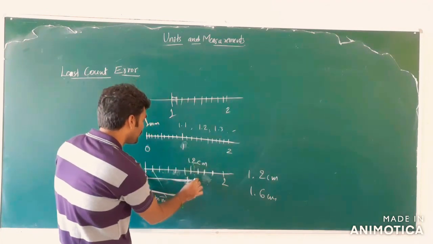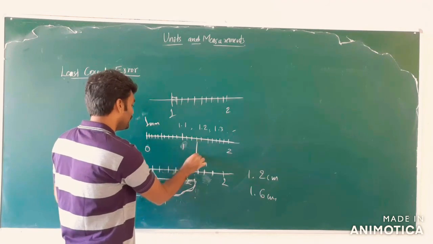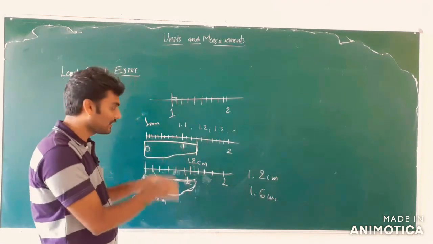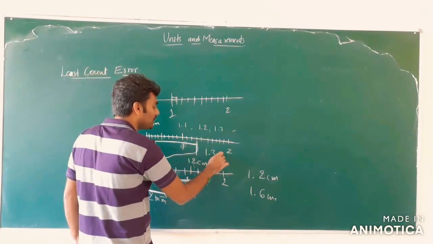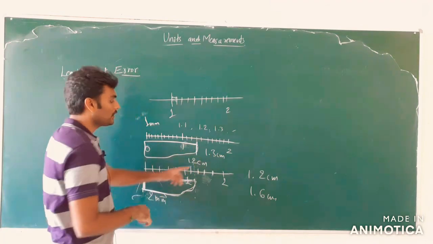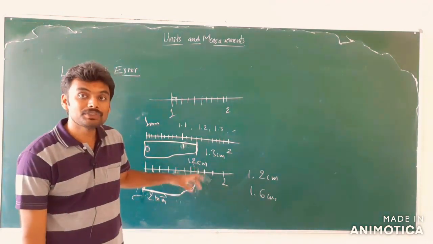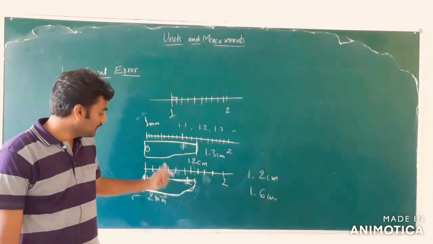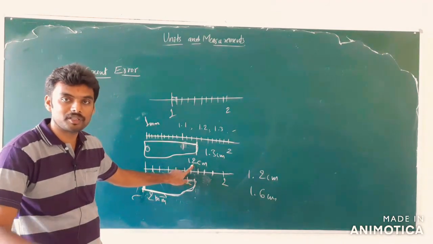But if the same object is measured using the scale, then you get the exact reading of 1.3 centimeter. So there is error in the tape reading due to the least count of the measuring device. The least count is 2 millimeter and hence the reading that we obtained is 1.2 centimeter.